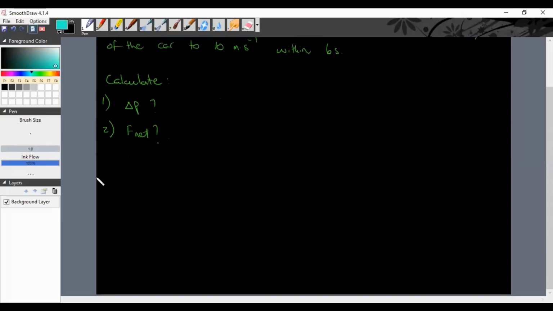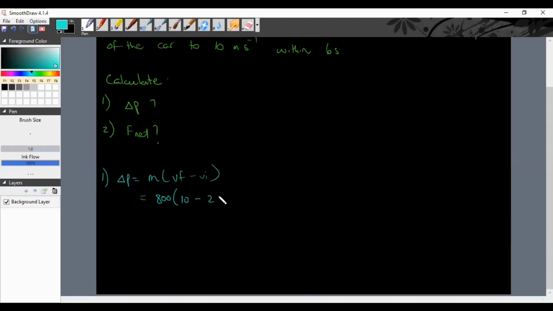Go. Just to go through the first one again, remember the change in momentum is given by delta P is equal to m(vf minus vi). We're well acquainted with this formula, of course. The mass of the car was 800, and the final velocity was 10 meters per second because of the brake force that was applied to it.